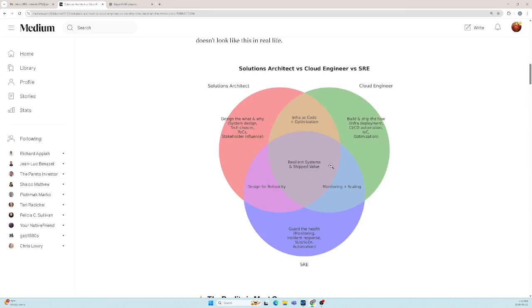So if you want to develop your career in the cloud, you need to know all the things. Don't be only the SRE doing monitoring, or only the cloud engineer, but know everything to deliver a resilient system and ship value for the organization.